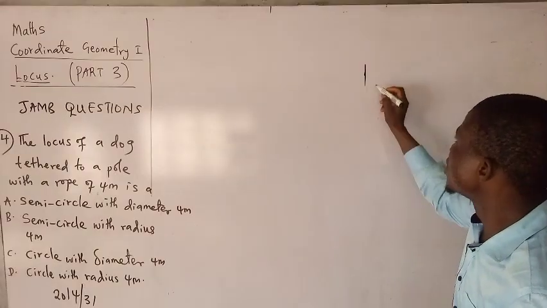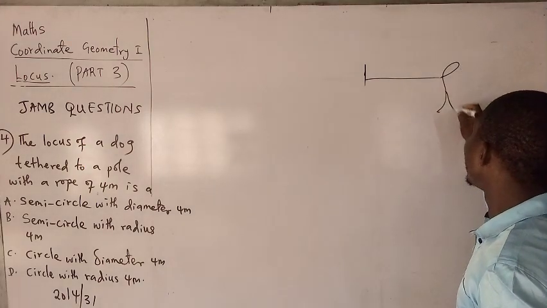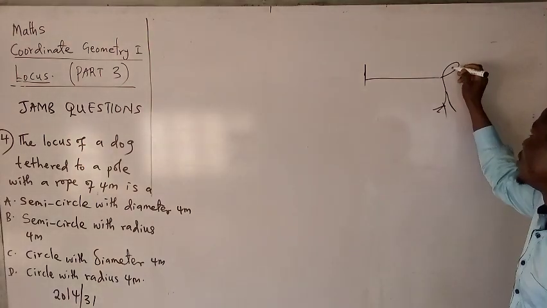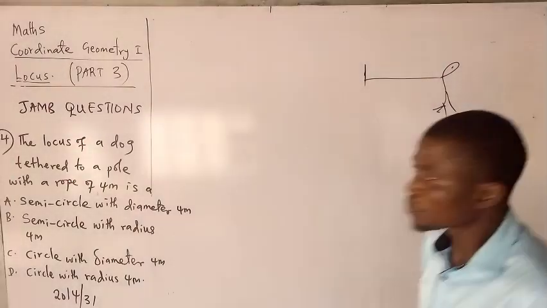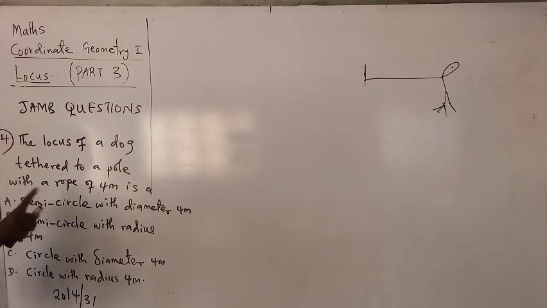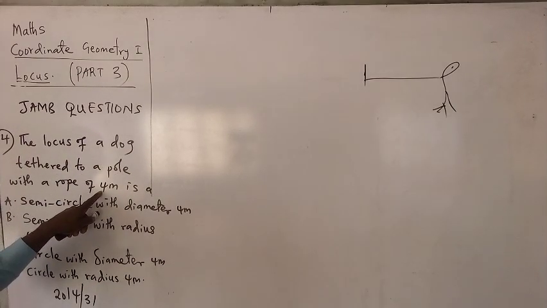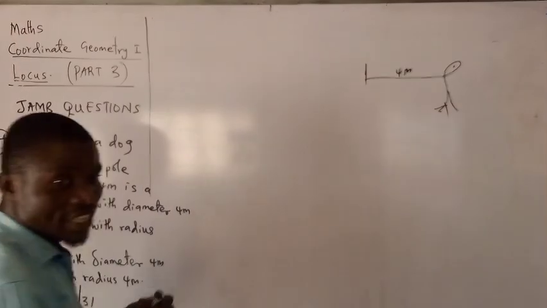This is the rope, right? And this is the dog. Don't mind my diagram. This is the dog, right? Now, let's look at the question. The locus of a dog tethered to a pole with a rope of 4 meters is a dash.